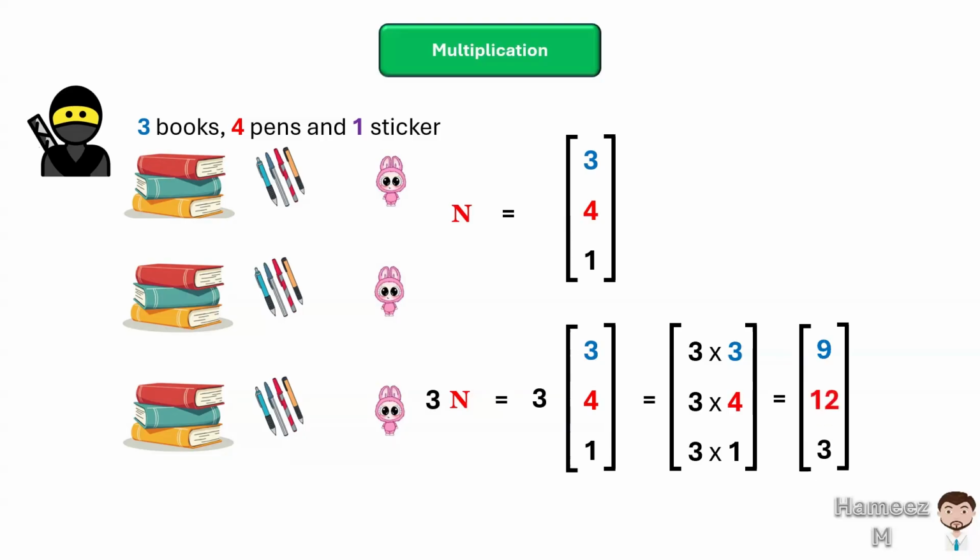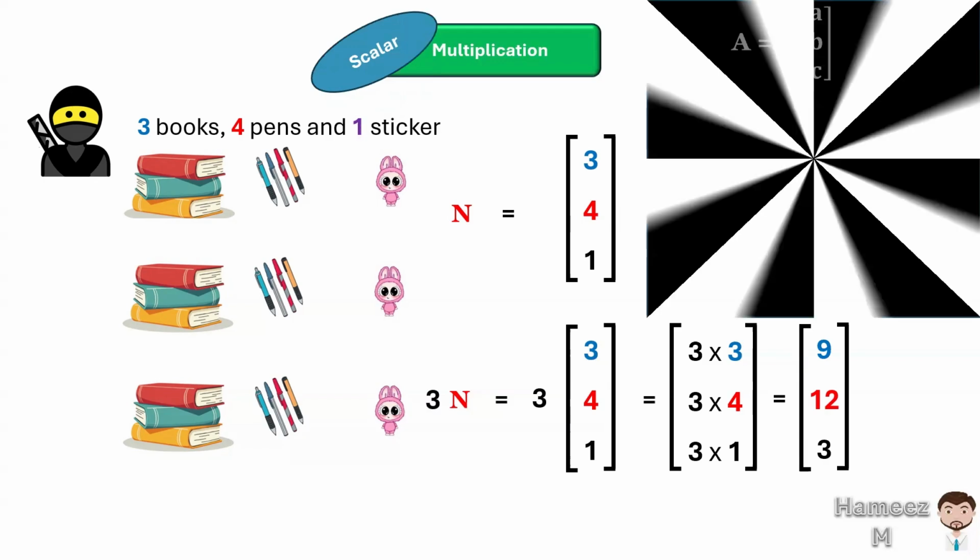So the proper name for this is scalar multiplication. What it's actually doing is just taking whatever factor we're multiplying by and doing direct multiplication to each one of the items.